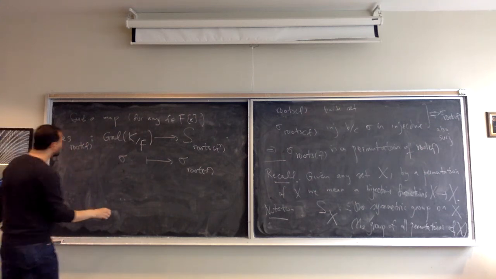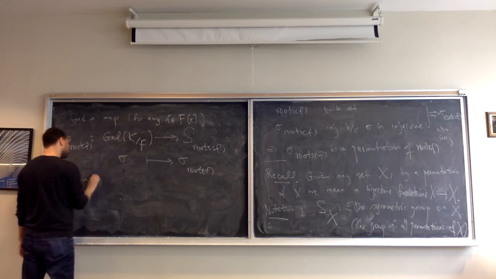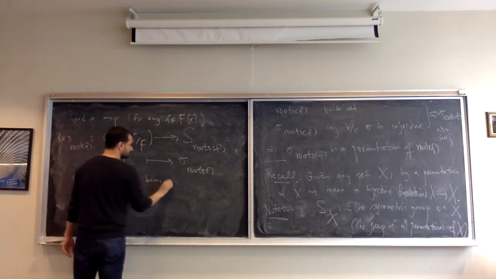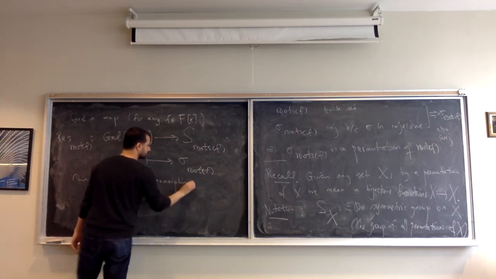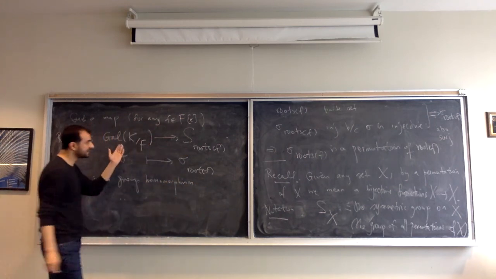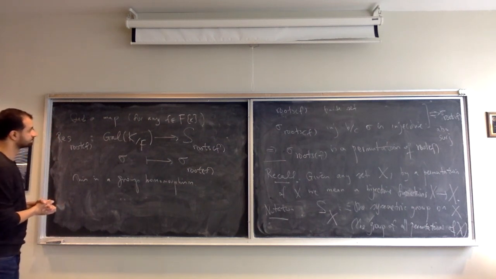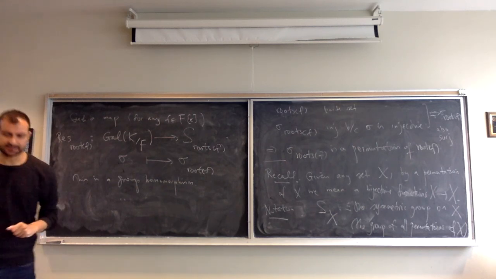And clearly this is a group homomorphism. The operation in both of these groups is composition of functions, and you're restricting your function. This is clearly a group homomorphism. Okay, let me stop.